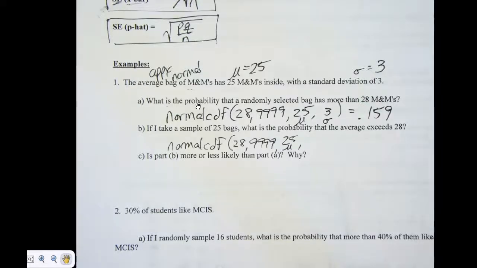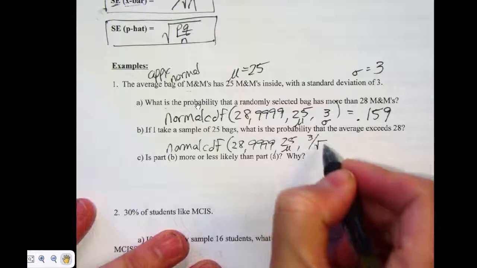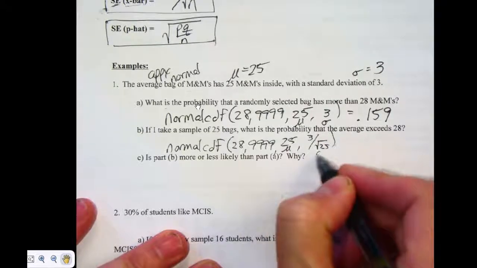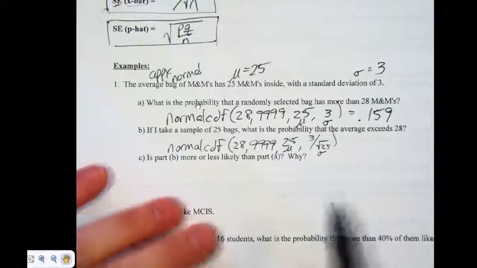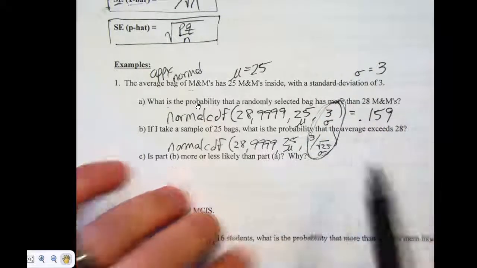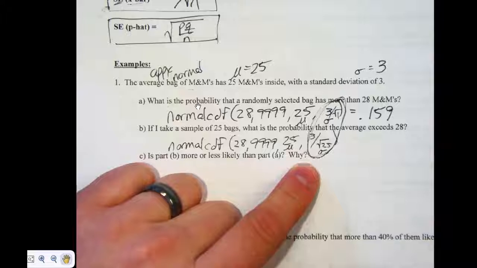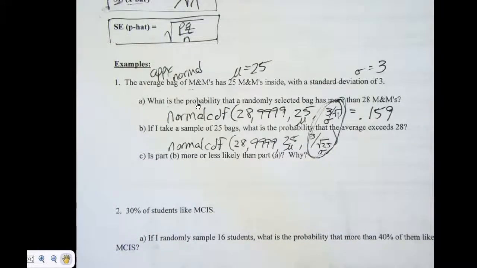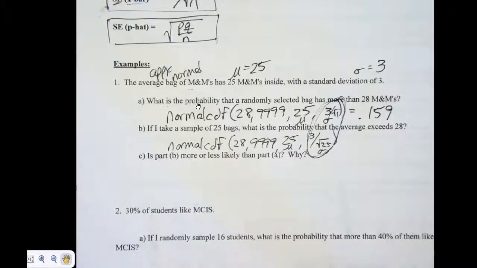Like, what's the formula? 3 over root 25. You can put 3/5, but you can just type in 3 over root 25, and it'll do it for you. This is the only difference between these two problems. This is not a sample, or it's a sample of 1. But as soon as you take a sample, your standard deviation has to get smaller, and you have to use that formula.